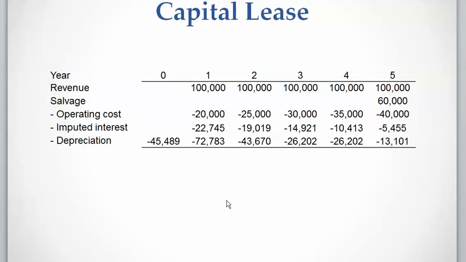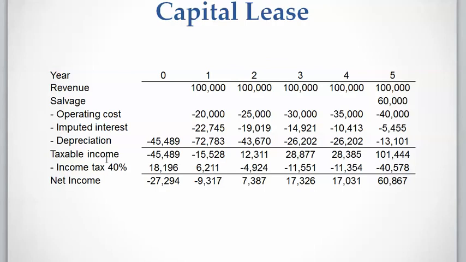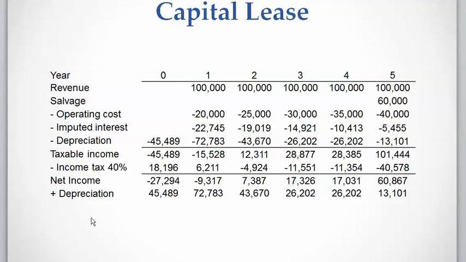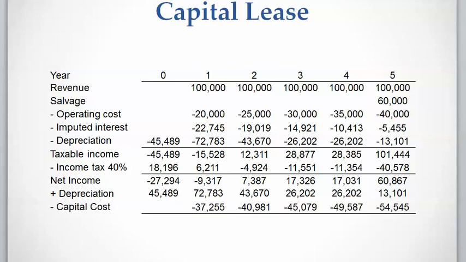Then we add the depreciation that we calculated before using the present value of lease payments. Then we calculate the taxable income, income tax, and net income. We add back the depreciation with positive sign. And another important point here.